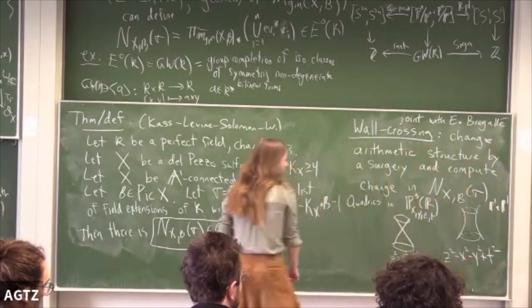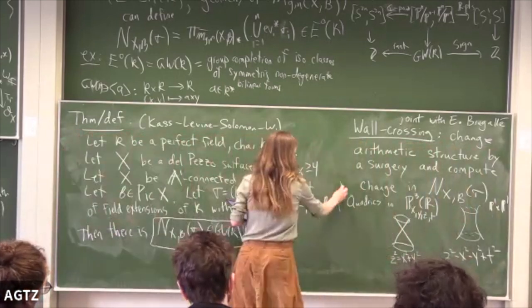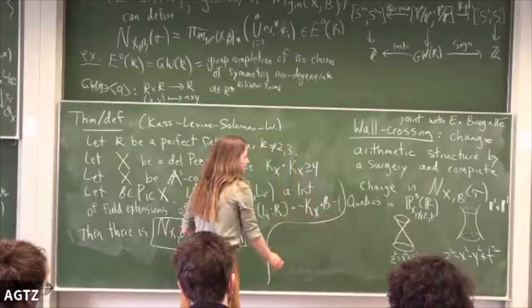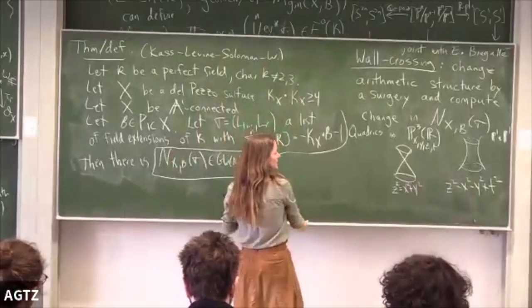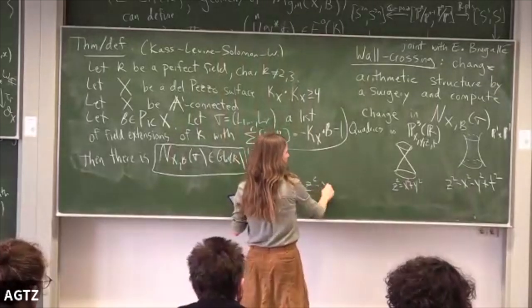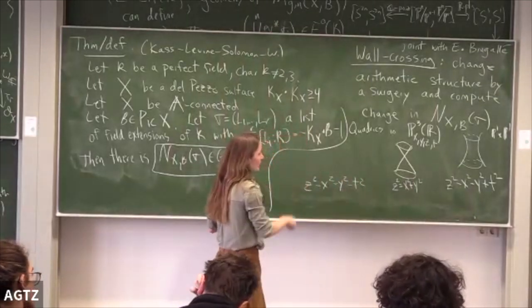And over here, instead of plus T squared, let's do minus T squared: Z squared minus X squared minus Y squared minus T squared.